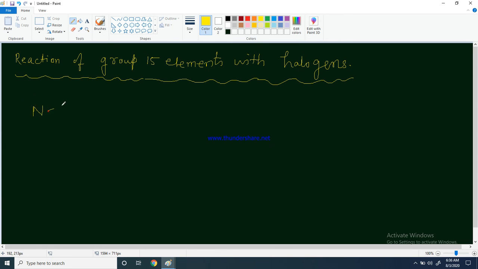Nitrogen can form NCl3, NF3 very easily, but it cannot form NCl5. This is not possible.